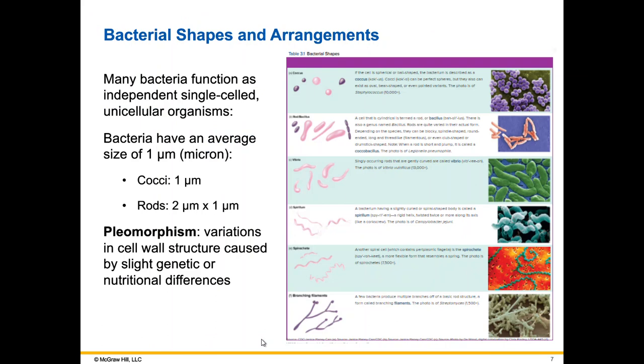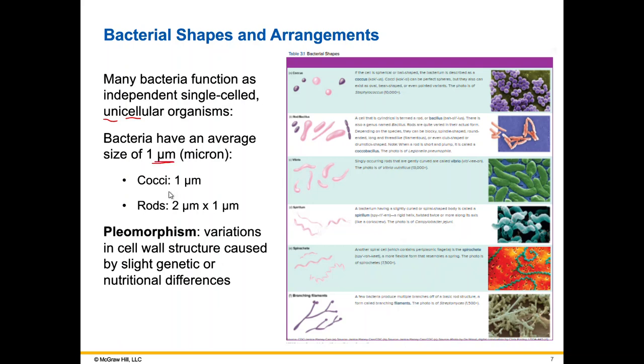So, bacterial shapes. Bacteria can come in a variety of shapes. Many bacteria function as independent single-celled unicellular organisms. Uni meaning one and cell meaning cell. And they have an average size of approximately 1 micrometer.